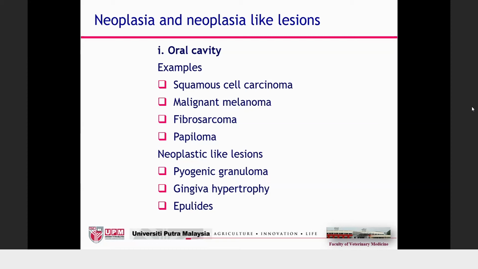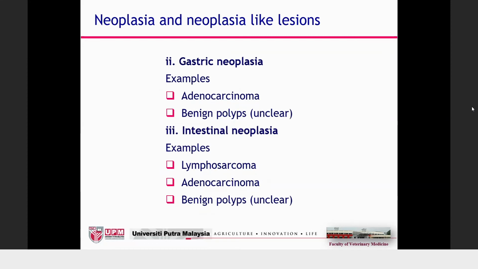There are more challenges when you go to gastric neoplasia. Of course, adenocarcinoma is something that is, I could say, straightforward and easy to diagnose. But sometimes there are also benign changes, which we call adenoma, which are benign polyps. An animal with these benign polyps might occasionally show vomiting of blood.